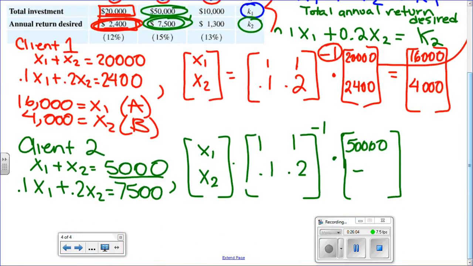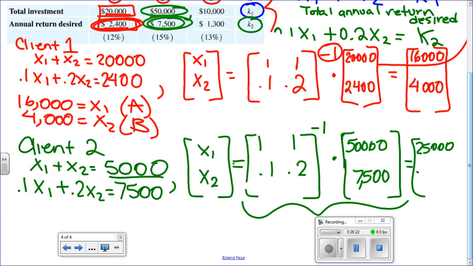If we multiply these two matrices on the calculator, we will get 25,000 and 25,000. So this tells us that the best client 2 could do, if he wants to get that much back, is to split his money half and half.